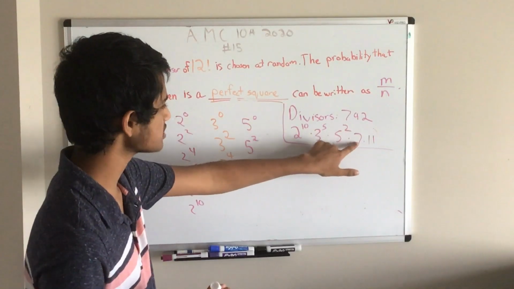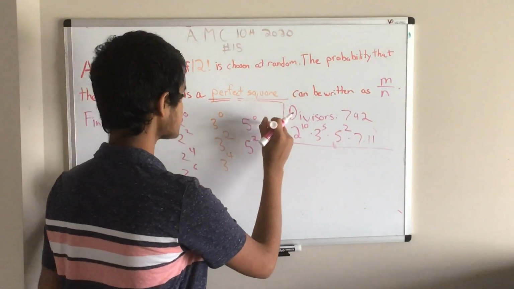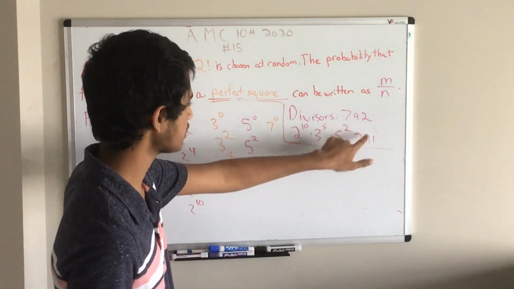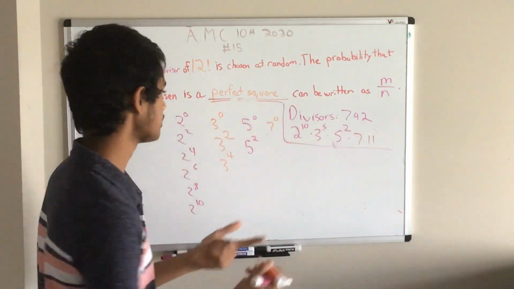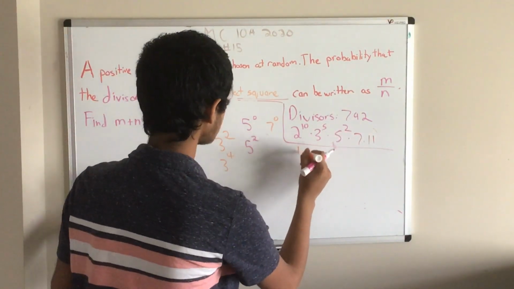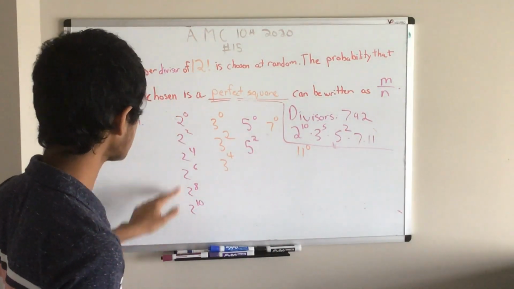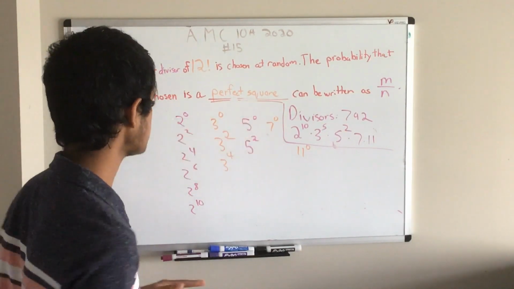And for choosing something from 7, well, there isn't really any specific choice for 7 except 7 to the power of 0, because there's no even power over here. And the same applies to 11. So I'm just going to put 11 to the power of 0 over here. So it seems like we have 6 choices here, 3 choices here, and 2 choices here, and 1 choice for both of these.